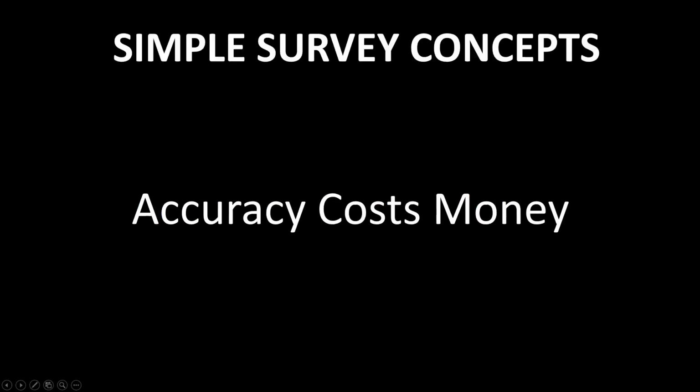Okay, now the simple survey concept for session 4, the simple survey concept is accuracy costs money. The more accurate you measure things, the more it costs.